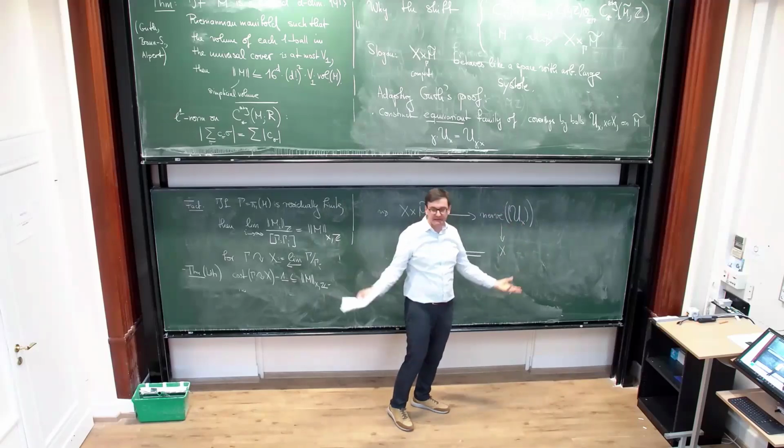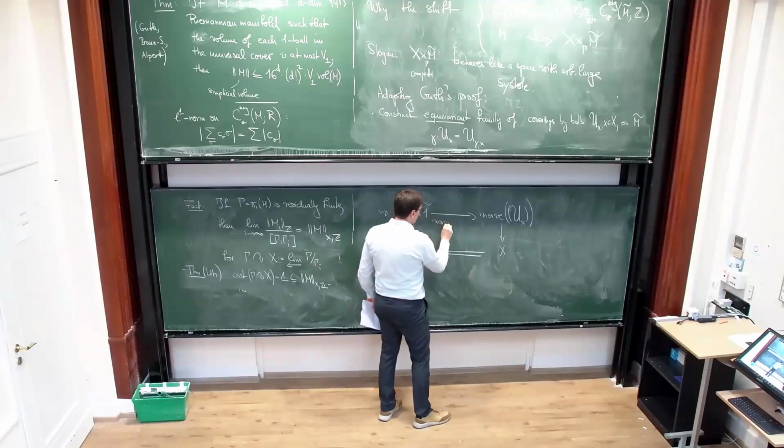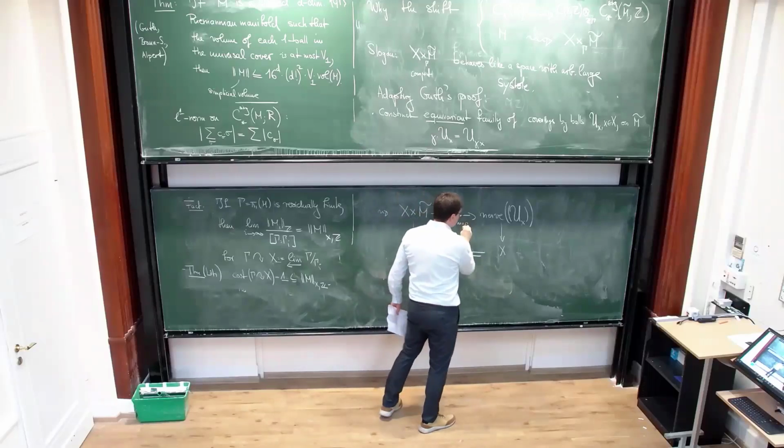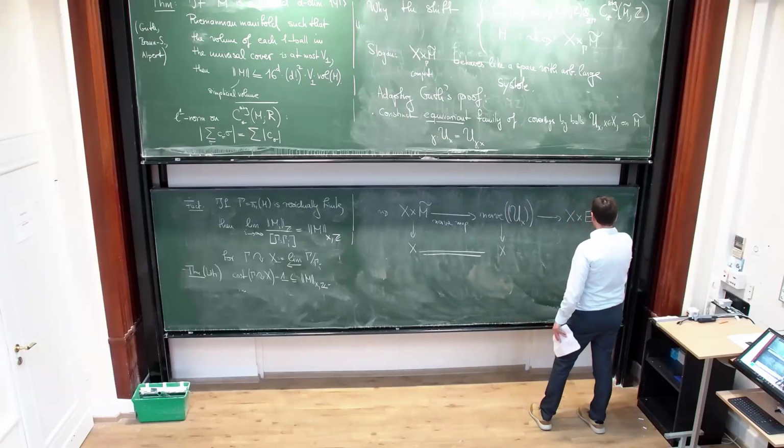But it can be assembled into a nice topological space, and there is a nerve map. And actually you can also map this space to X times the classifying space.